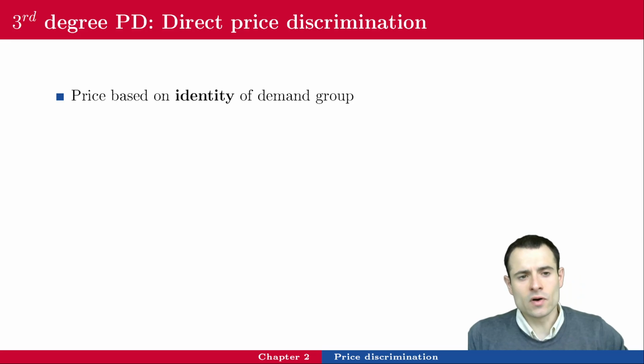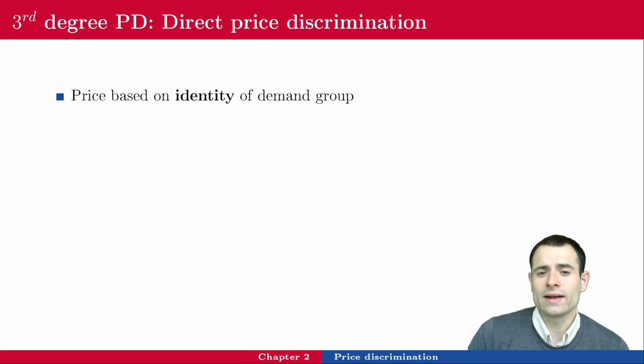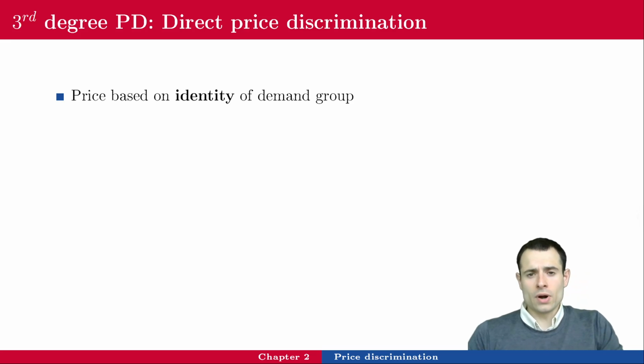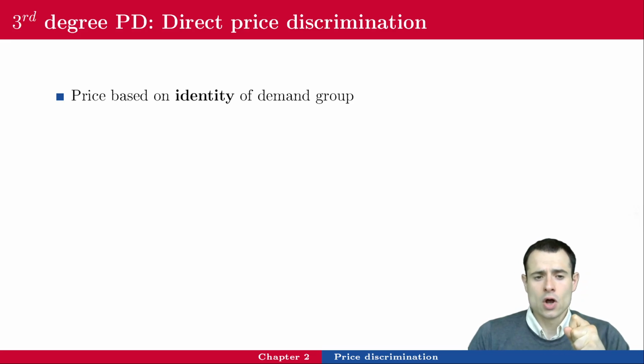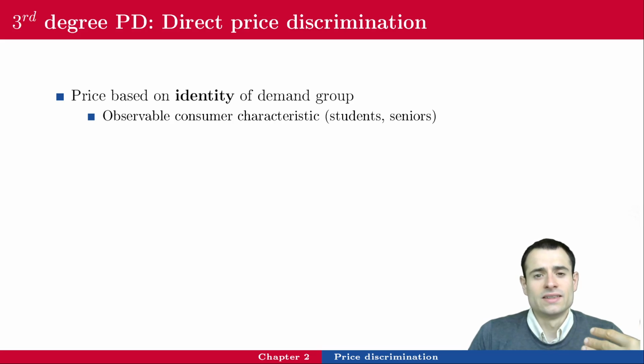Now, let's move on to third degree price discrimination, also called direct price discrimination. Here, the price of a good will be based on the identity of the demand group. So, the firm is one way or another able to distinguish different types of demands based on some observable characteristics.